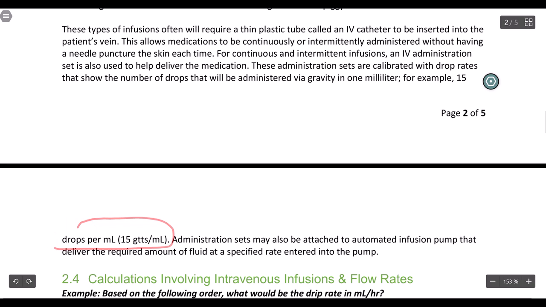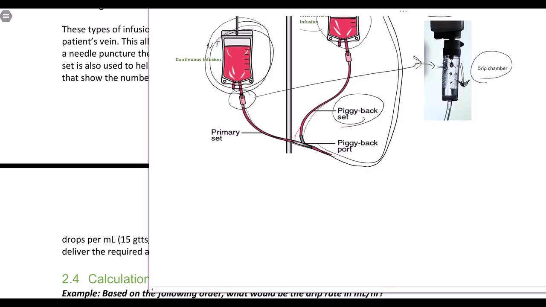So if I said to you in a question that you're using an IV set that is 15 drops per mL, that means that every time you see 15 drops in this chamber, all those drops are going to equal 1 mL. Sometimes you have drips that are 20, which means that they're tinier drops, and 20 of them will give you 1 mL.